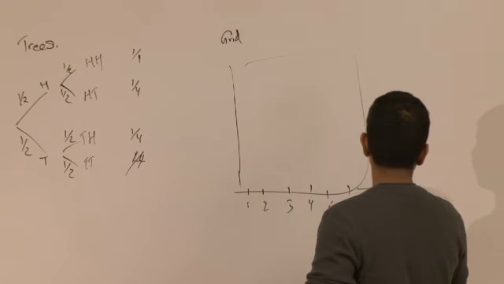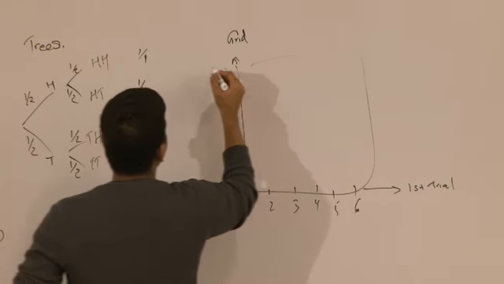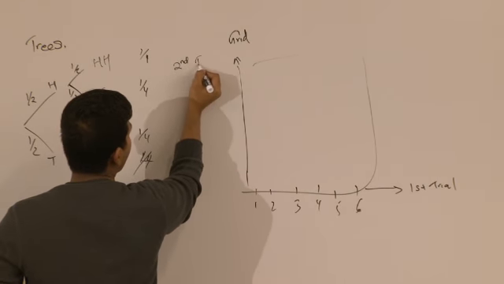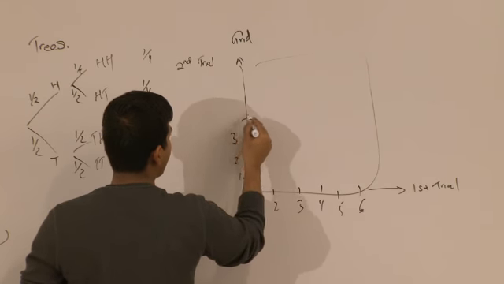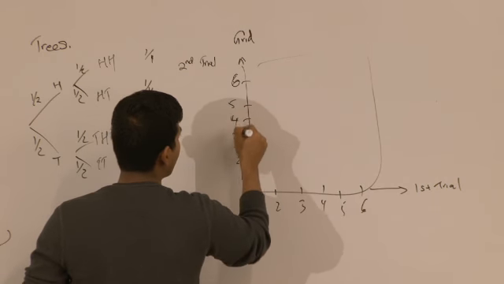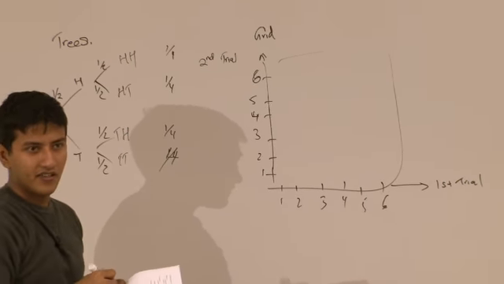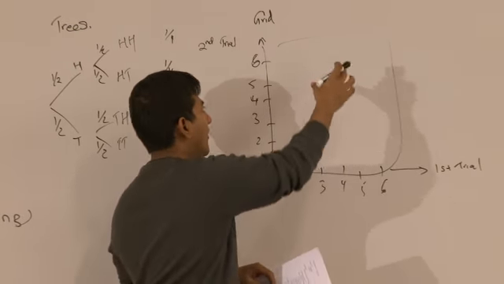Okay, so this is the first trial. And this will be our second trial. Okay. So now we can represent any possible outcome on this grid.